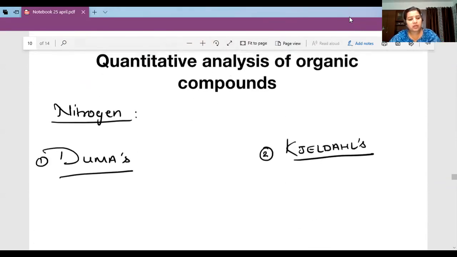As far as quantitative analysis is concerned, some of its part you might have seen in your stoichiometry chapter. You must have come across volumetric analysis and gravimetric analysis. In gravimetric analysis, you know how chloride can be confirmed by AgCl, right?